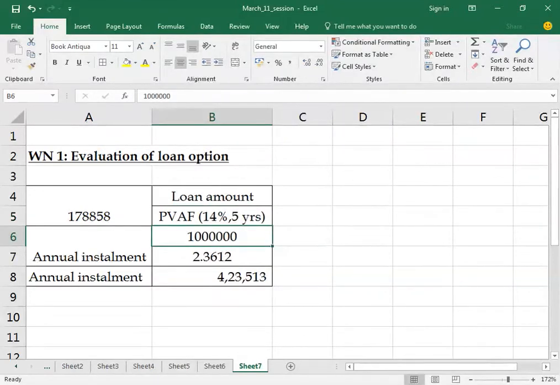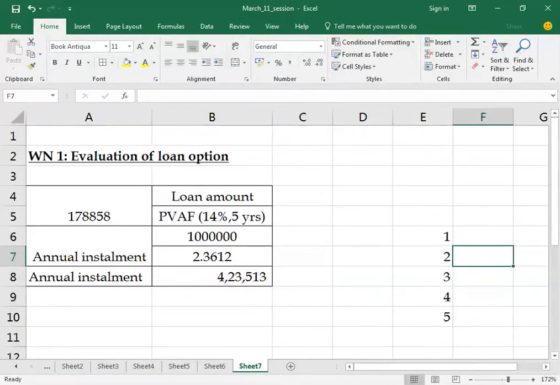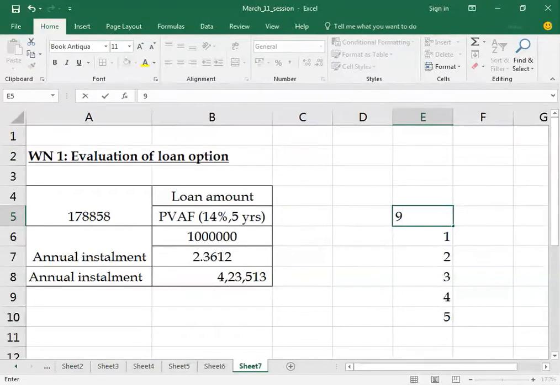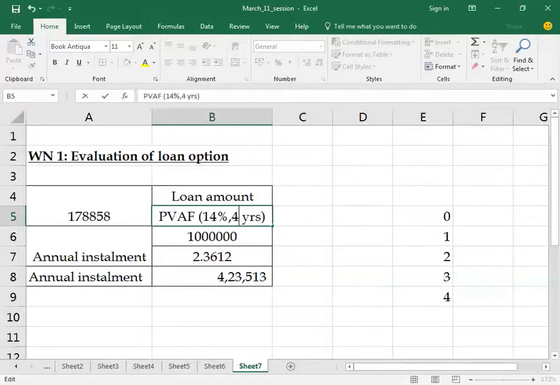Now please listen. It is not paid at the end of the year, it's paid at the beginning of the year. So when you pay at the beginning of the year, you cannot take a normal annuity factor, because 1, 2, 3, 4, 5 is what we normally take if it's the end of the year. But in this case, it will become 0, 1, 2, 3, 4. So what you will do is PVAF 14%, 4 years, plus 1.